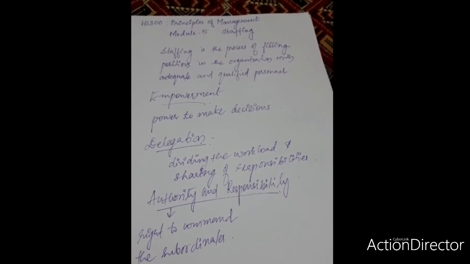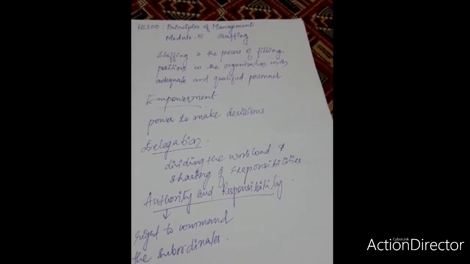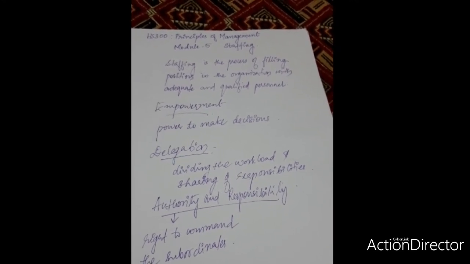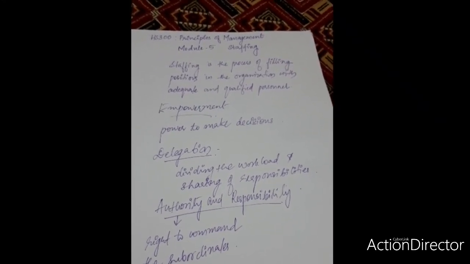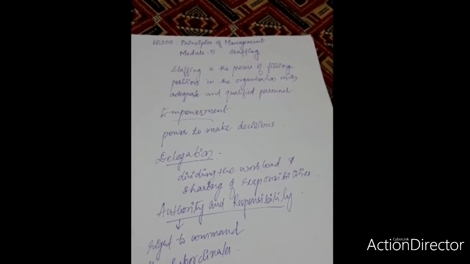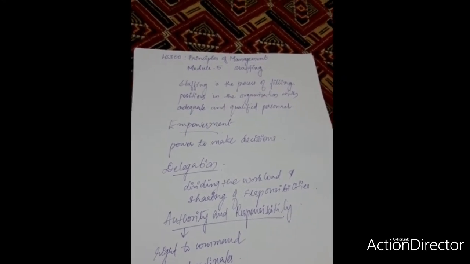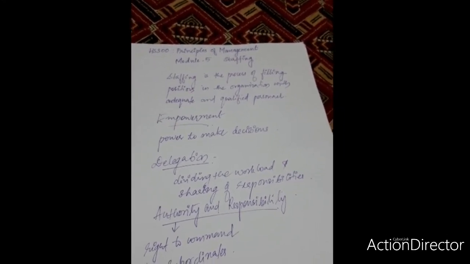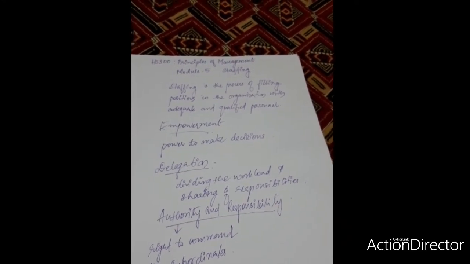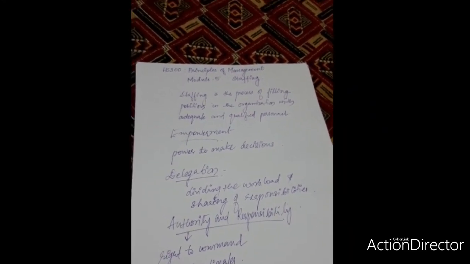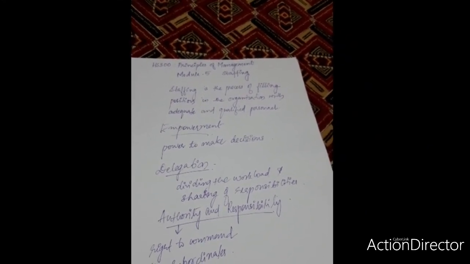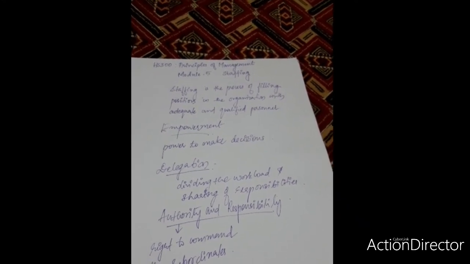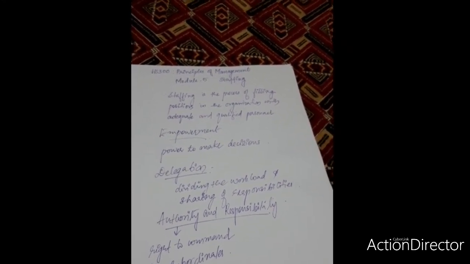Delegation is dividing the duties and responsibilities with the subordinates so that work is done effectively and efficiently. Authority is the right to command the subordinates so that the work is done properly, and responsibility is the obligation of the subordinates for the completion of work. They have to do their work correctly in the given time frame, so that the organizational goal is attained.